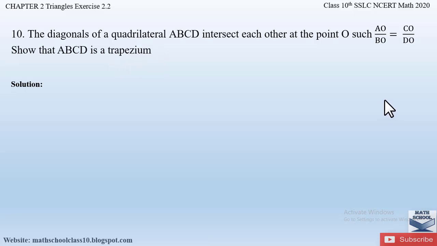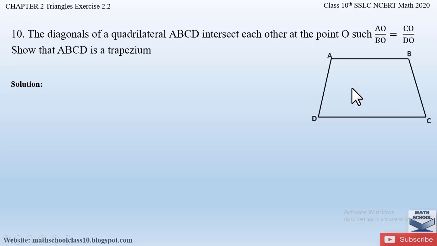So let us draw a quadrilateral ABCD. In this figure, if we prove AB is parallel to CD, then we can say that ABCD is a trapezium. They're saying in the question that the diagonals of quadrilateral ABCD intersect each other at point O such that AO by BO is equal to CO by DO.